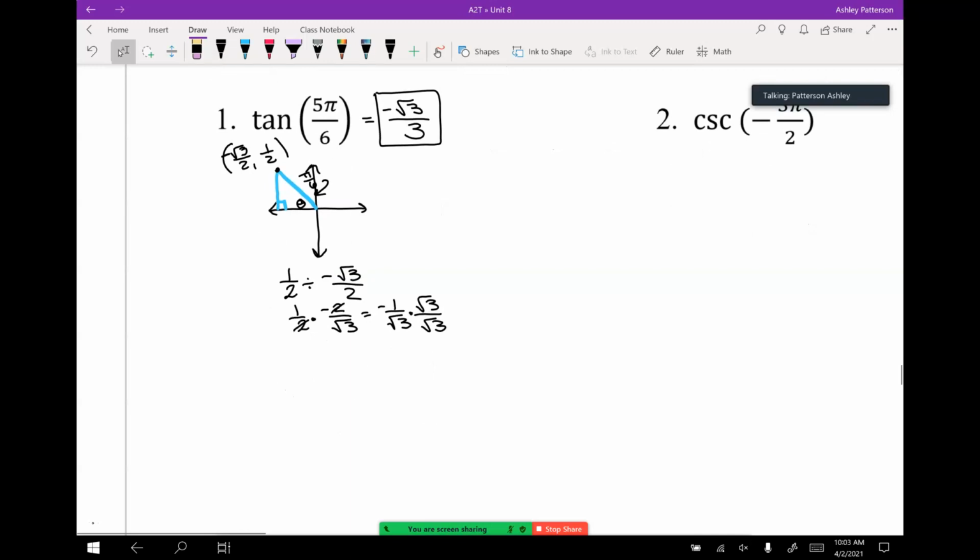The tricky part is pi over 6 and pi over 3, our 30 and our 60 degrees, right? Well, if I'm looking for the tangent of pi over 6, which is 30 degrees, in relation to the tangent of pi over 3, which is 60 degrees, 30 degrees is smaller than 60.